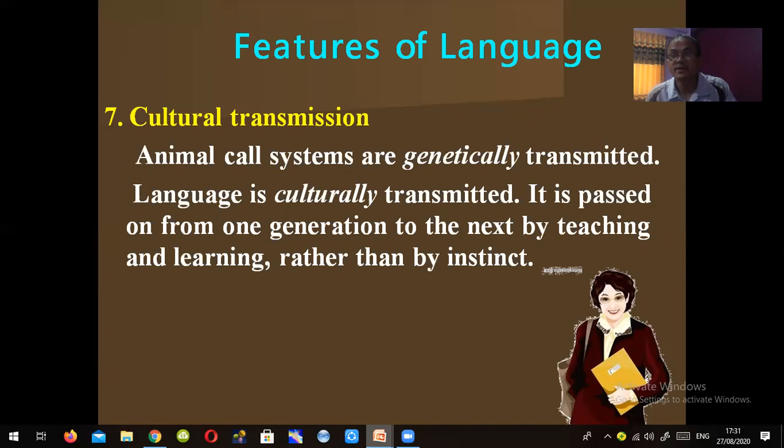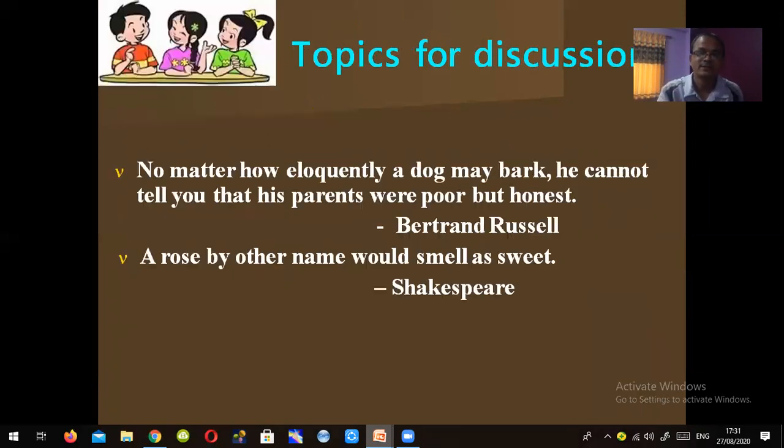But in the case of human beings, we learn language, and culture is transmitted through language. Human beings transmit culture from one generation to another through language. So language is a tool to transmit culture in the case of human beings.